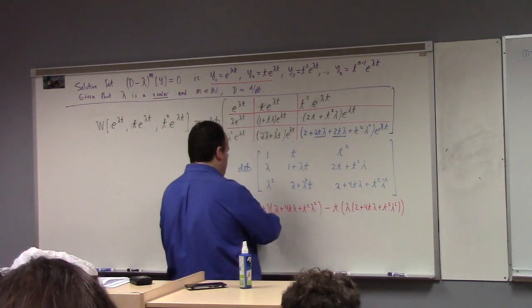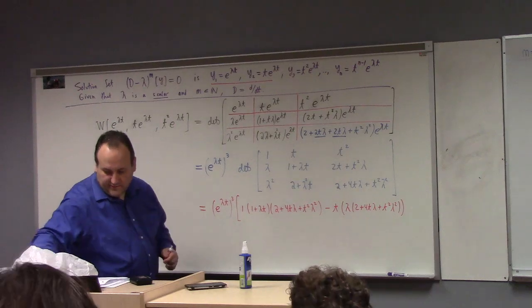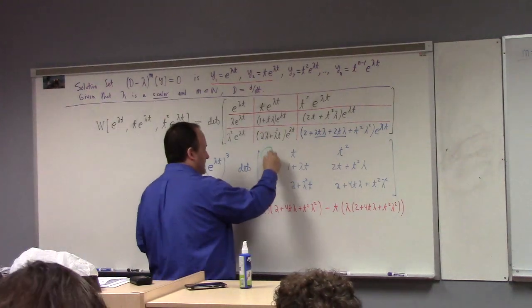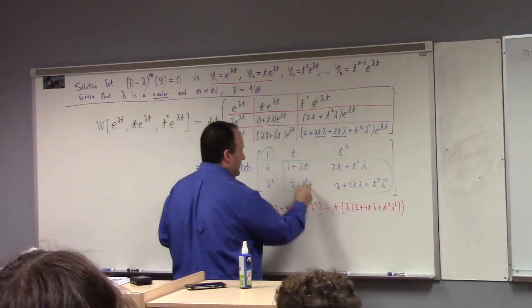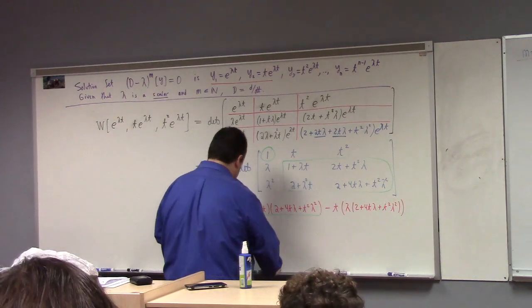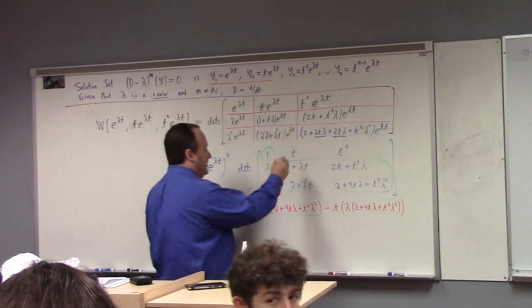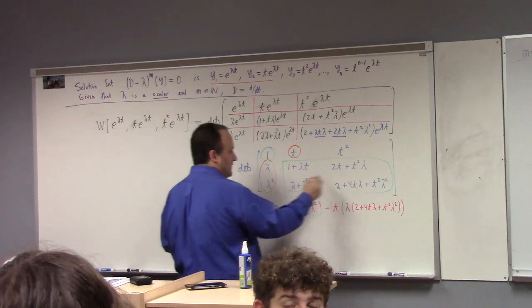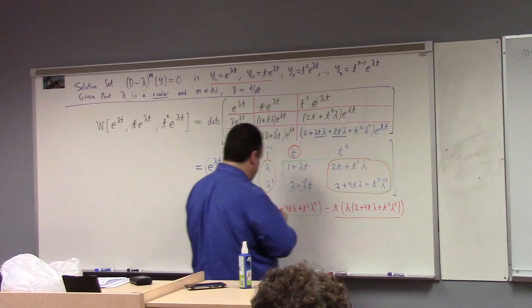I'll do some color coding here, let you know what's going on. So I'm doing this times this subdeterminant, that's these guys. Then I'm doing this times these guys, which is this.